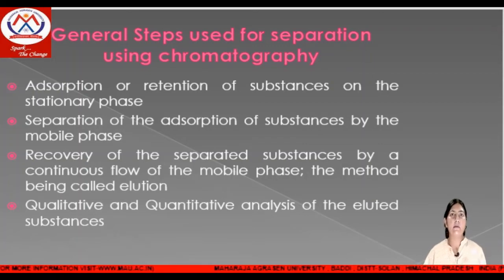Our adsorbed substances will dissolve into the mobile phase and start moving. Third is the recovery of the separated substances by a continuous flow of the mobile phase, the method being called elution. Next and the last step is the quantitative and qualitative analysis of the eluted substances.